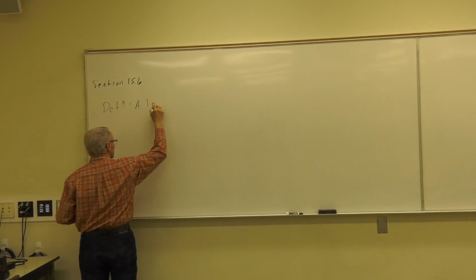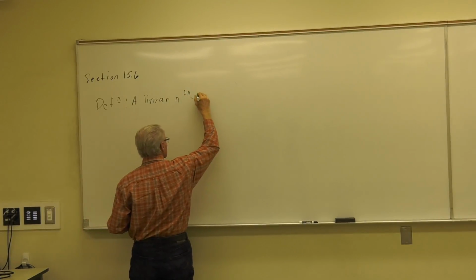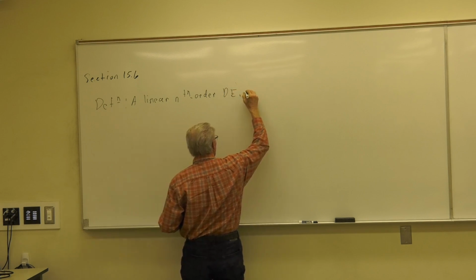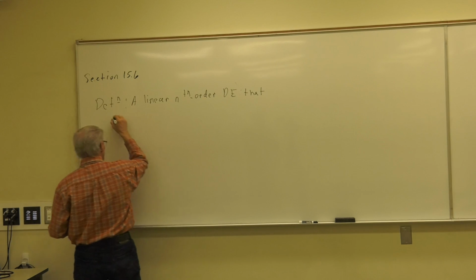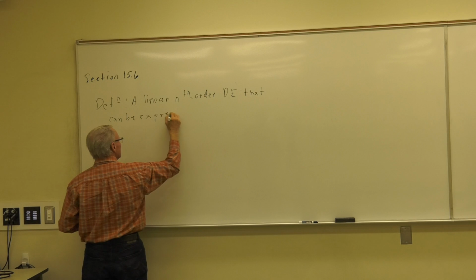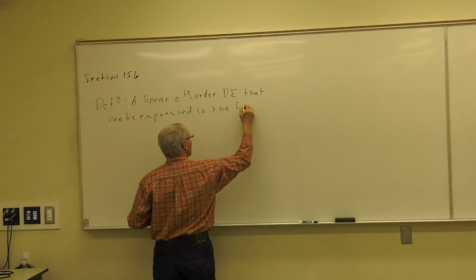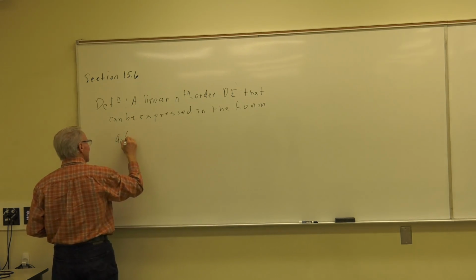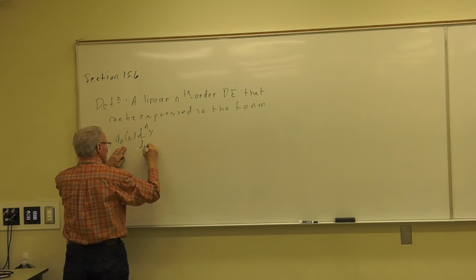A linear nth order differential equation is one that can be expressed in the form a0 of x, meaning that's a function of x, multiplied by the nth derivative of the function.